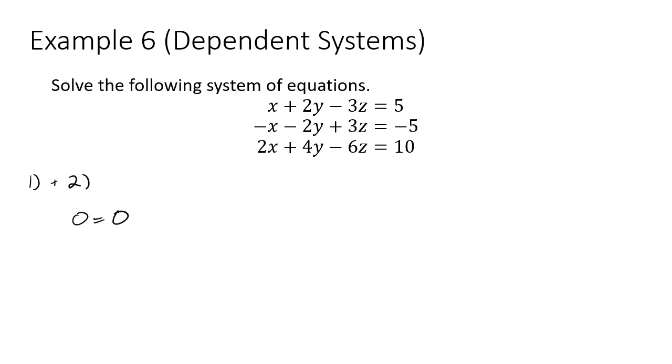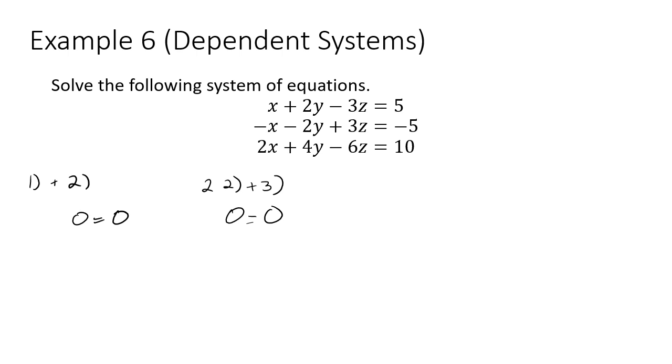You would just get 0 is equal to 0. If you did 2 times the second equation and add it to the bottom equation, everything would cancel. You would get 0 is equal to 0. Even if you did negative 2 times the top equation and add it to the bottom equation, every combination of equations in this case would completely cancel each other out.